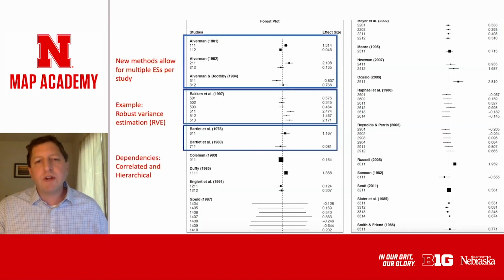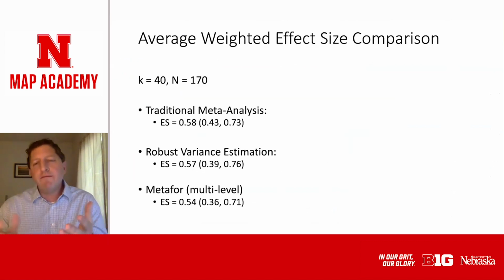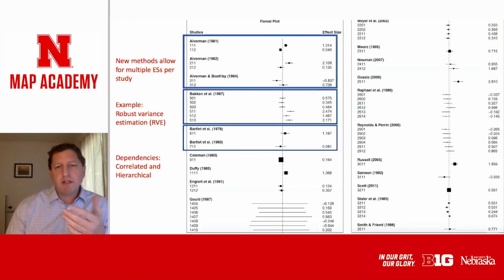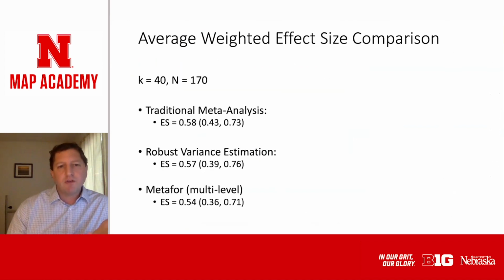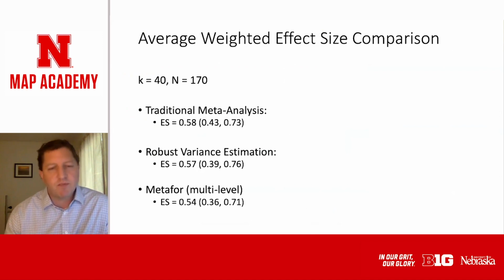All right. So for this study, I showed you that I had a traditional meta-analytic approach already done, and the effect size on that is about 0.58, with a confidence interval of 0.43 to 0.73. For robust variance estimation, you can see that the effect size really didn't change that much. It's 0.57, with a slightly larger confidence interval, though, right?